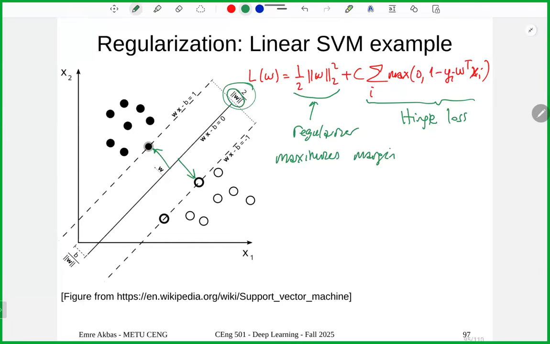Suppose that you don't have this term, the support vector machine will still work, and it actually corresponds to the hinge loss classifier that I showed you in the Colab notebook. You can go there and execute it. It will find you a decision boundary that is good enough because it will have zero training error, but it might find you something like this.